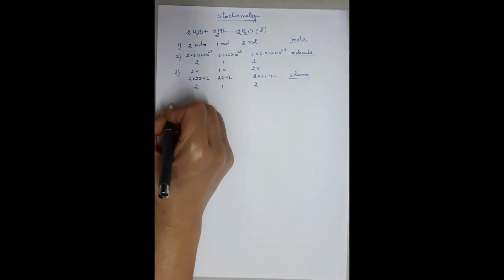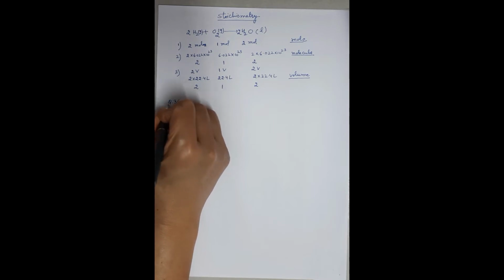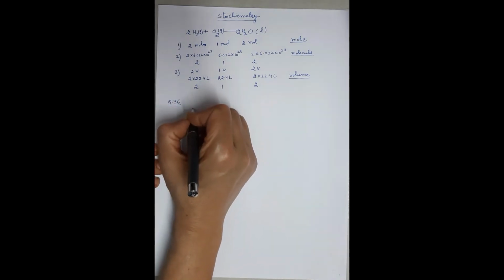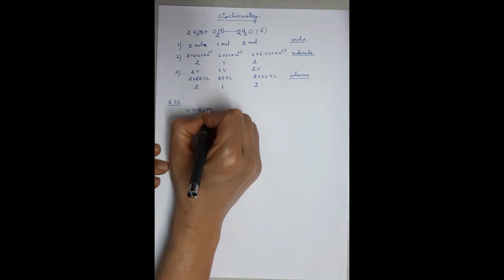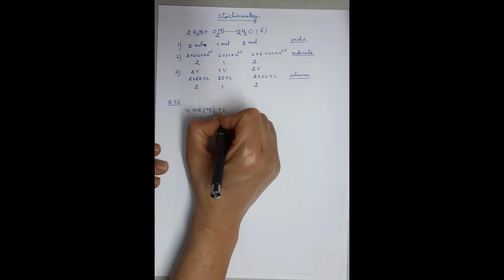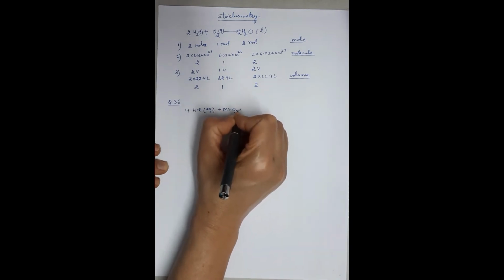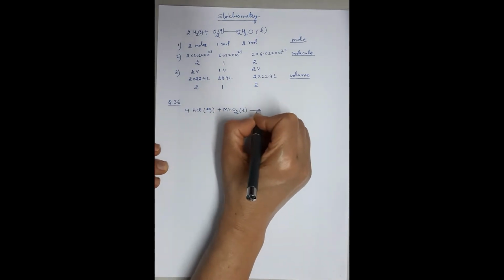One of the questions which I am discussing is from NCERT only. It is question number 36 of the exercise, which is 4 moles of HCl in aqueous solution reacts with MnO2, manganese dioxide, which is in the solid state.